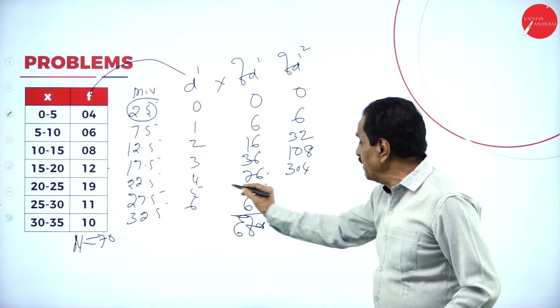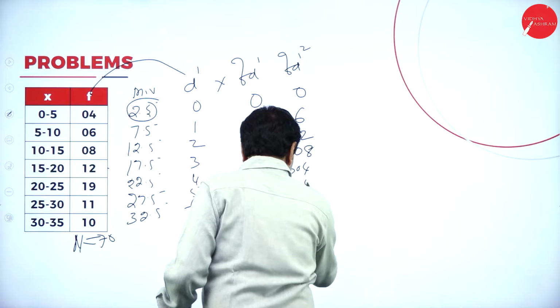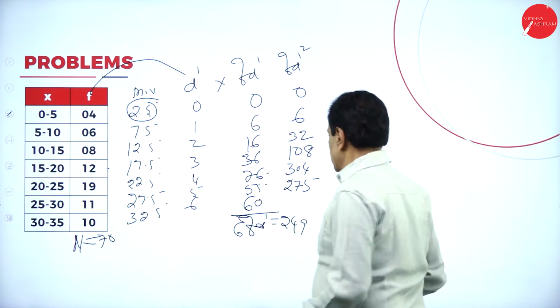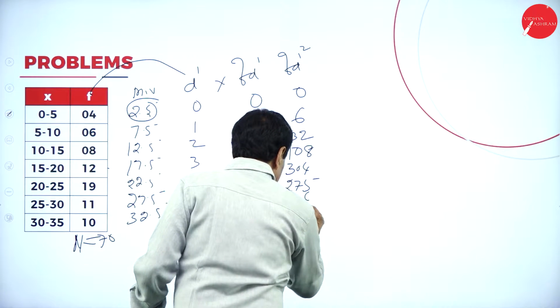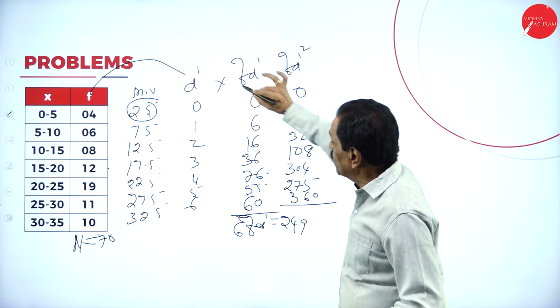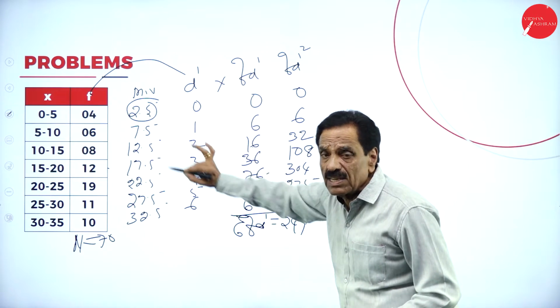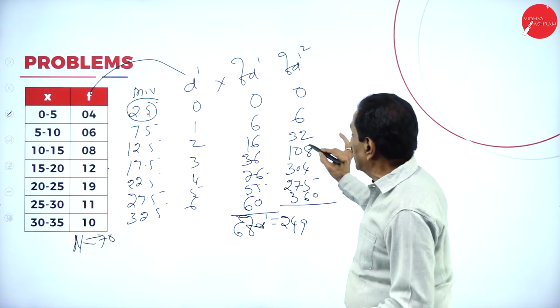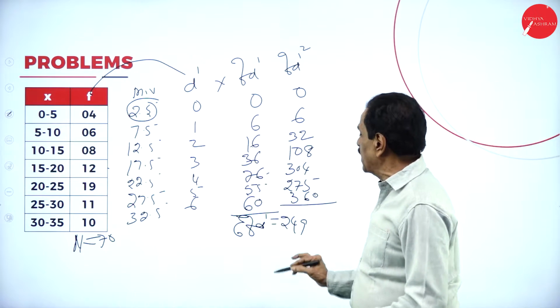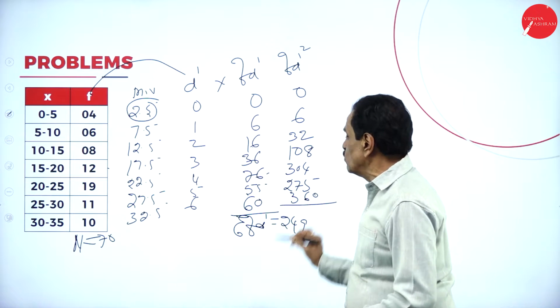Then 55 into 5, 275. 60 into 6, 360. Just ft' and d': 0 into 0, 0, 6 ones are 6, 16 twos are 32, 36 threes are 108, 76 into 4, 304, 55 into 5, 275.